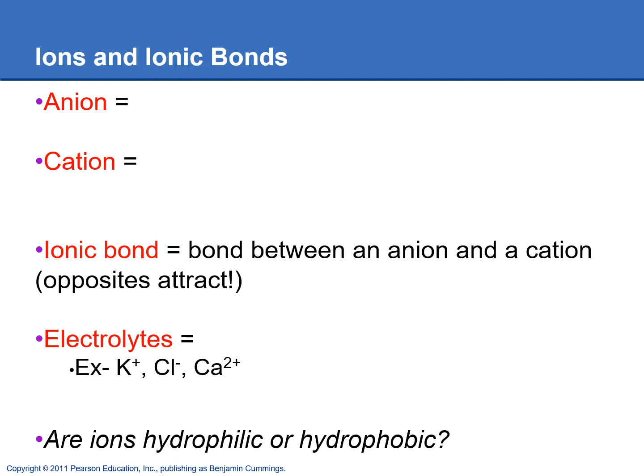Okay, ions. We have two different types of ions depending on whether the atom has gained or lost electrons. So an anion has gained one or more electrons. So it's going to end up with a negative charge. So an anion will have a negative charge.